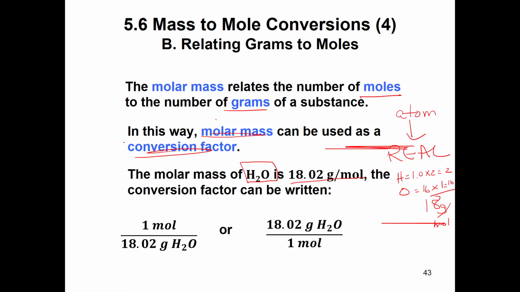I can write that conversion factor as 1 mole over 18.02 grams of water, or I can say 18.02 grams of water per 1 mole. So all I do is find the formula weight, and then it's in grams per mole instead of AMU.